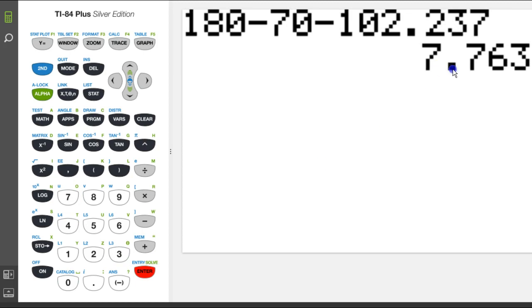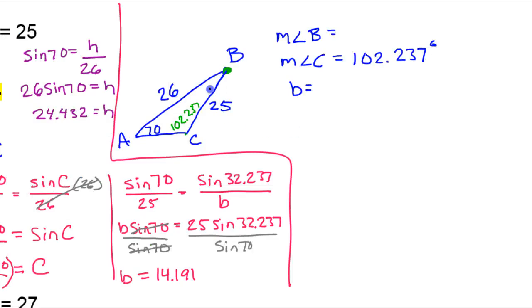That leaves 7.763. So that is angle B. Very small angle, 7.763 degrees.